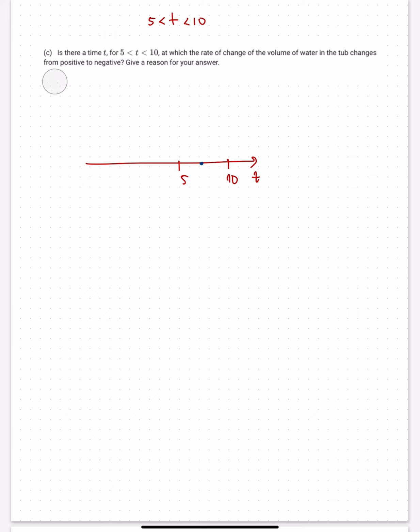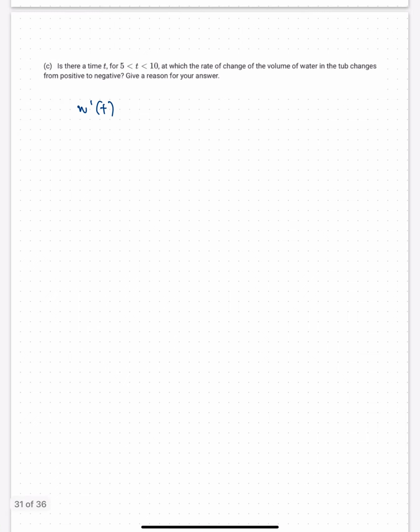Okay, so we have w prime of t, because it shows 5 to 10. So w prime of t must be f of t minus L of t.